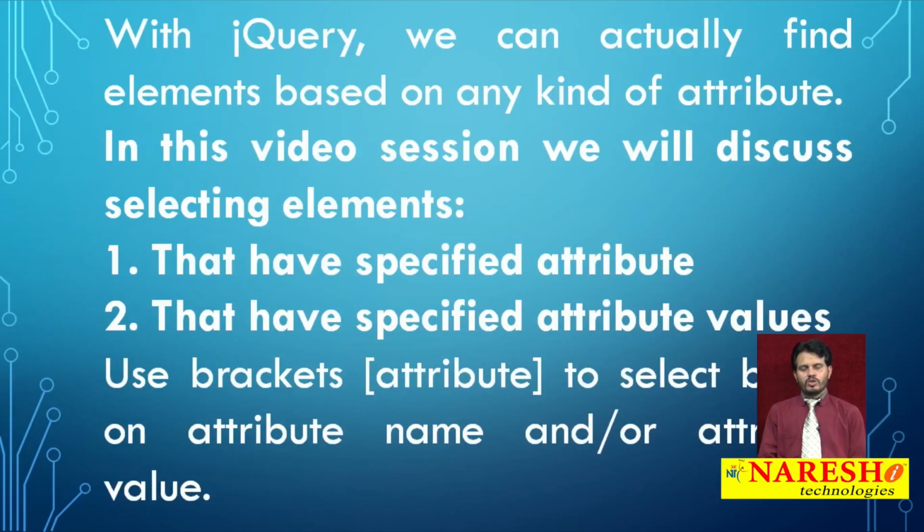I want to select all those input elements which use a type attribute with value text. We have input type equals to password, and other values like number. So we want to select those elements which use a type attribute.